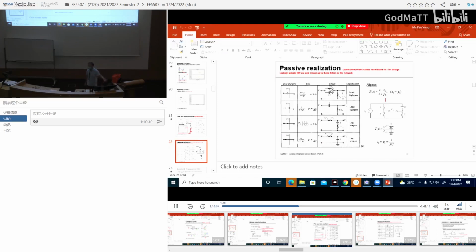Anybody know why we don't use inductor in this slide?